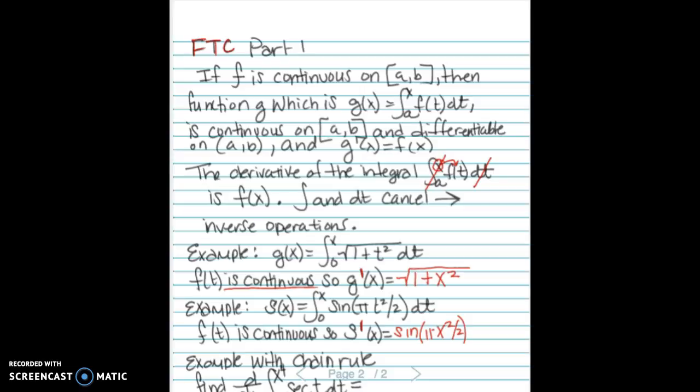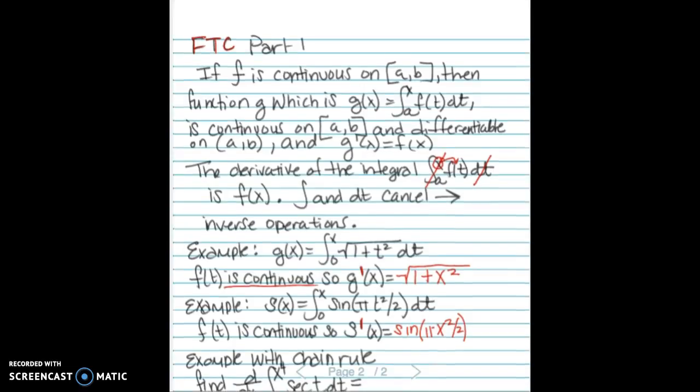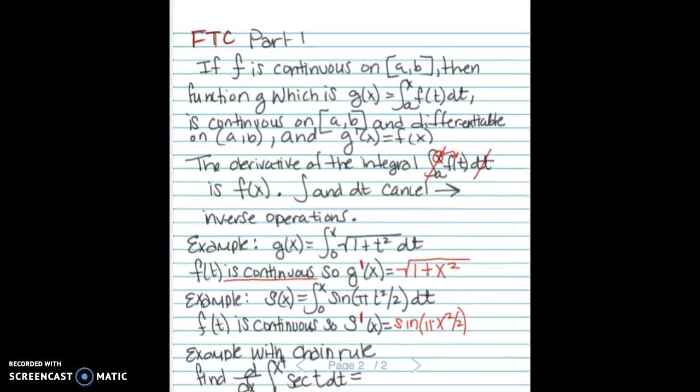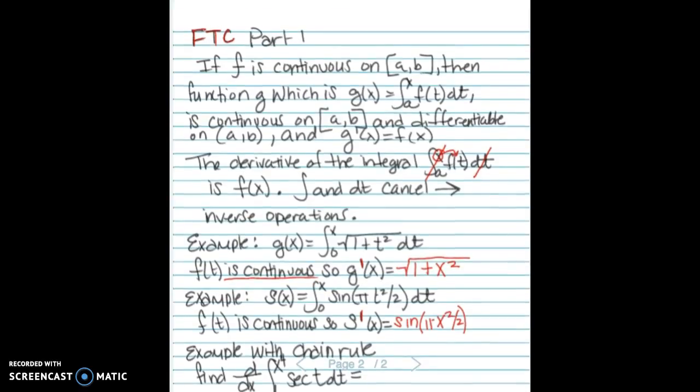We're going to find d dx, find the derivative of the integral from 1 to x to the 4th of secant t dt. Secant t is continuous on our function here, so we're good. So our derivative is going to equal secant, replace t with x to the 4th, and the derivative of x to the fourth is 4x cubed.